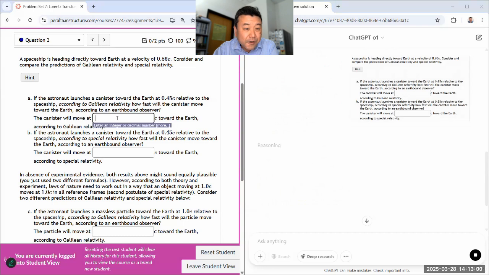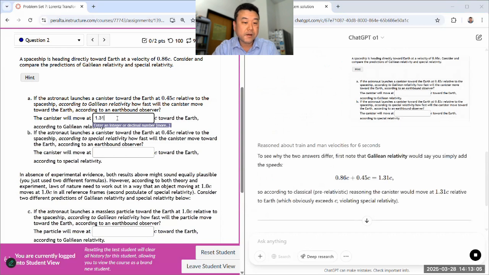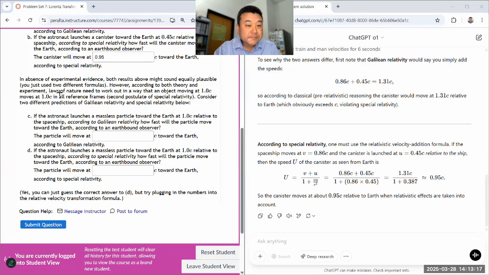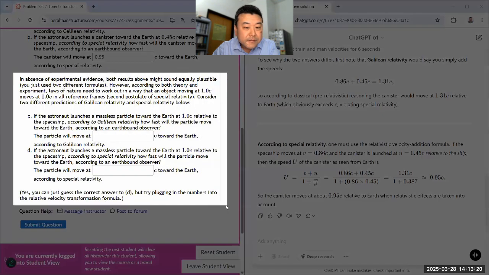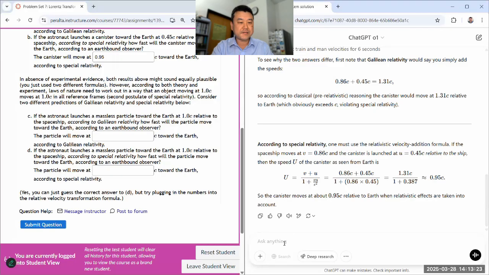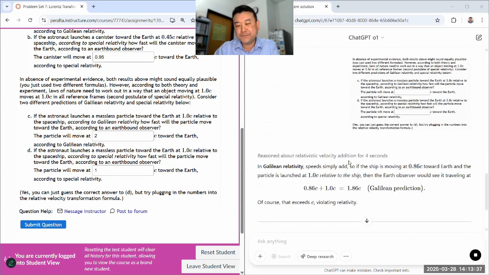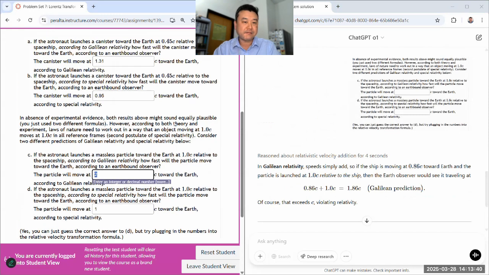So here, according to Galilean relativity, it should be 1.31. And for special relativity, there's some formula. Yeah, that looks like the right formula. And so for D, you can just guess the correct answer, because for questions like this the answer is always a C. Oh, right, yeah, it's not 2.